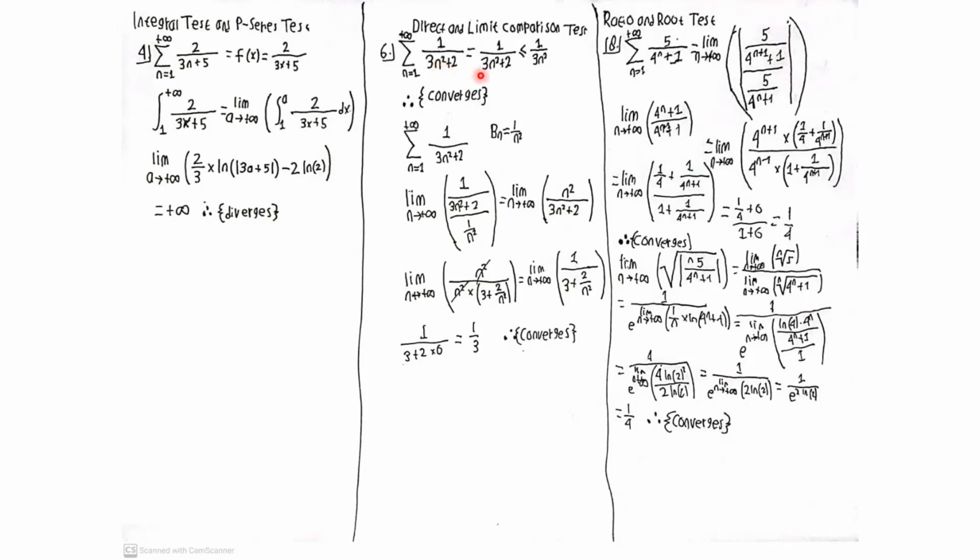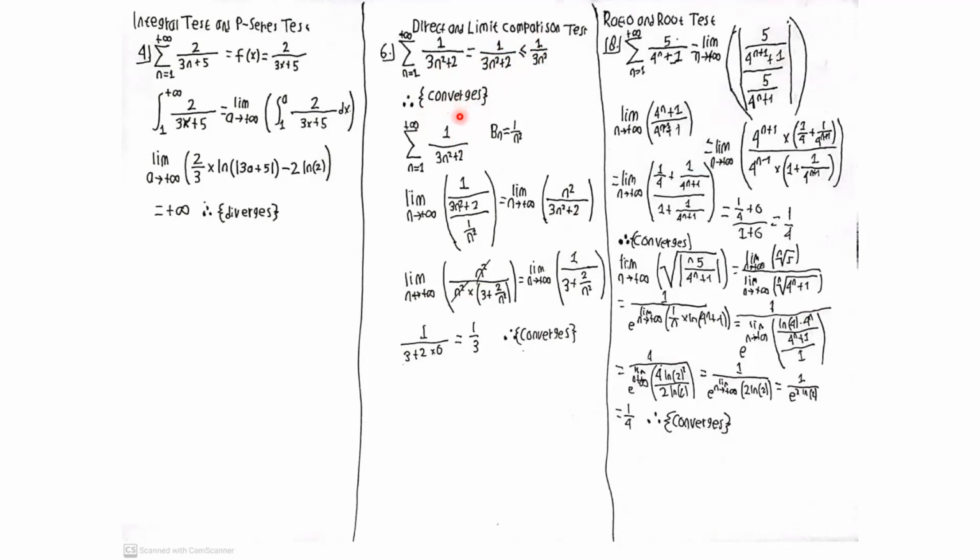So we need to compare it. So 1 over 3n squared plus 2 is less than 1 over 3n squared. Since the larger series converges, then the given series also converges.